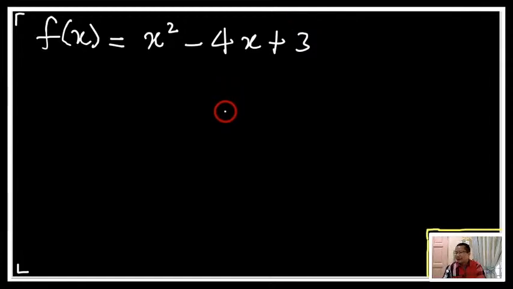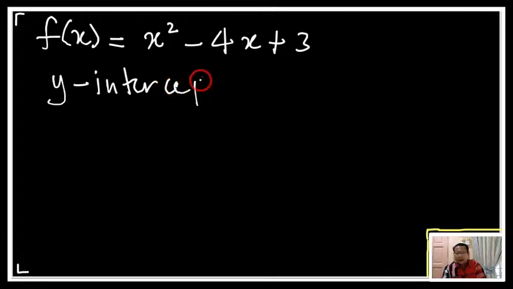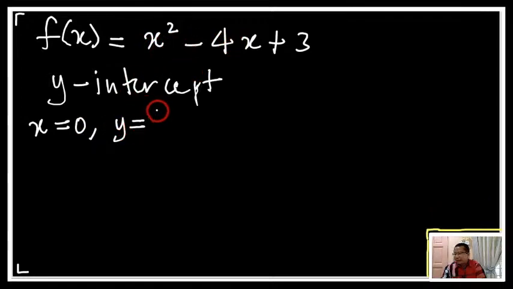First, you find the y-intercept, and then the x-intercept. So the y-intercept is when x equal to 0. When x equal to 0, you substitute 0 into here, y equal to 3, so (0, 3).